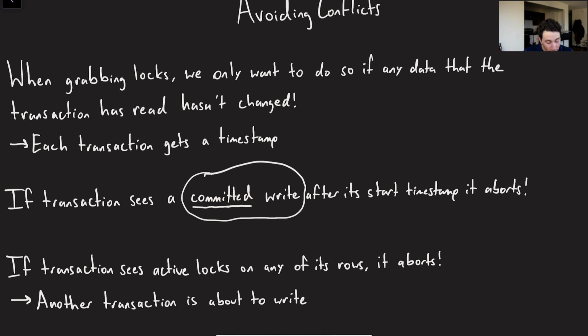If I see a committed write after the start timestamp, I am going to abort. Very simple. Similarly, if I see an active lock on any of the rows that I'm reading or writing, I'm going to abort, because it means that another transaction is in progress and I'm about to write. So hopefully a pretty simple mechanism to figure out whether or not we should be going through with our transaction.